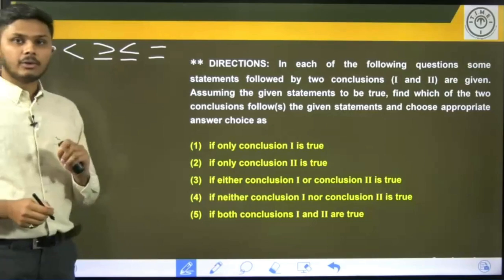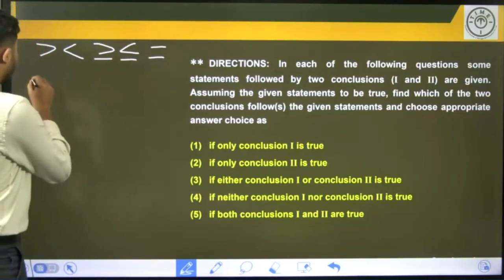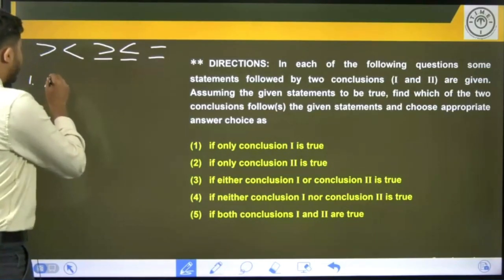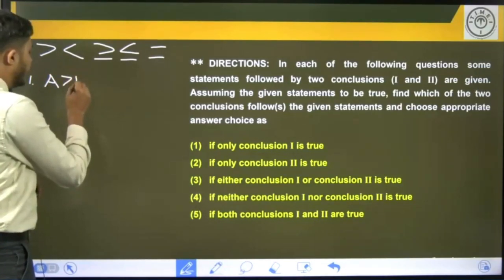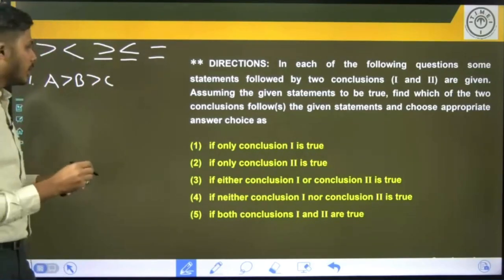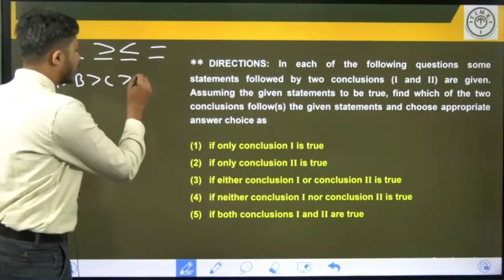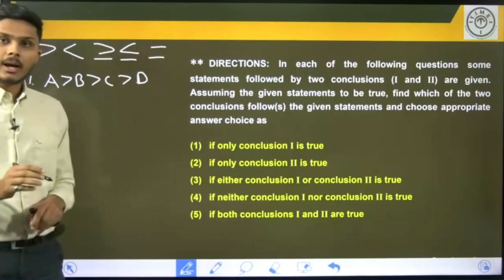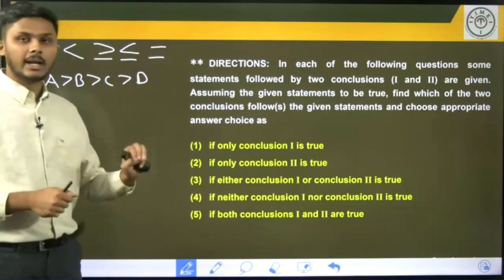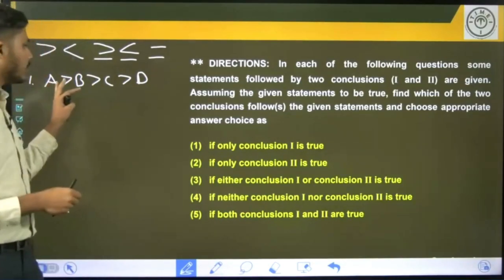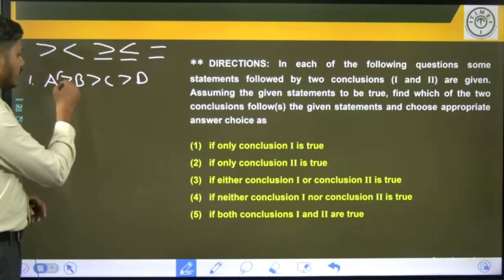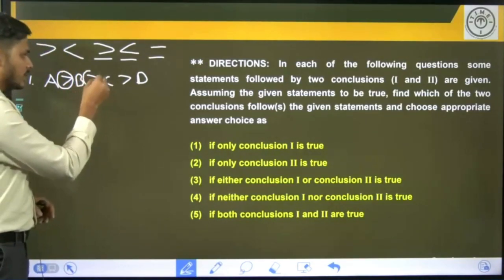So now let's look at the first shortcut. If we are given A greater than B, B greater than C, and C greater than D, we will be asked to find the relation between A and C or the relation between A and D. So now let's find out the relation between A and C. We can here see that the symbols here are the same.